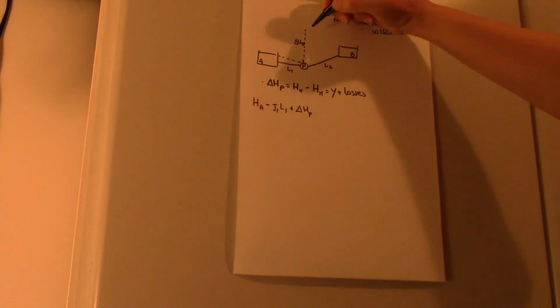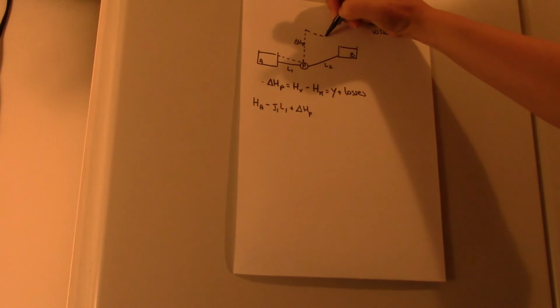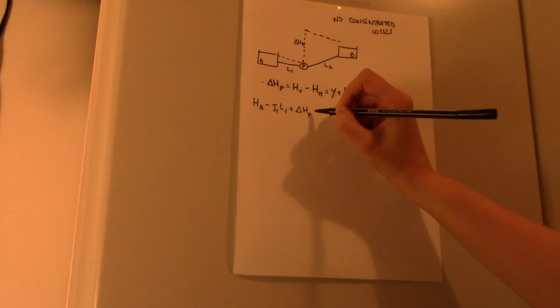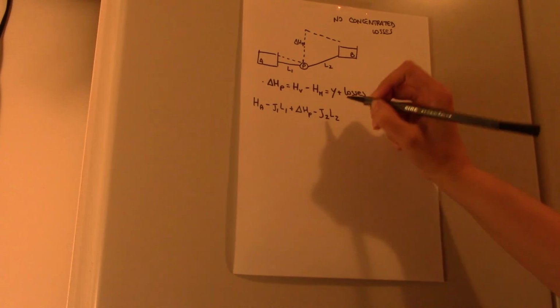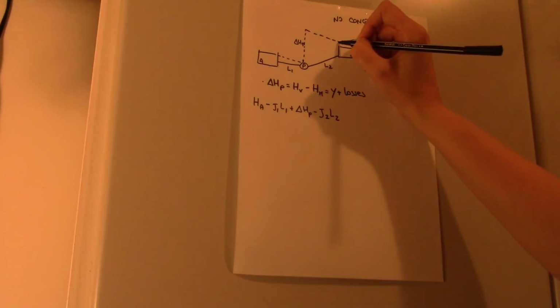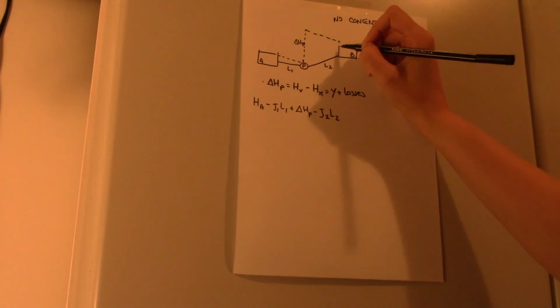Then again we have minus J2 L2, the distributed losses associated with pipe number 2.